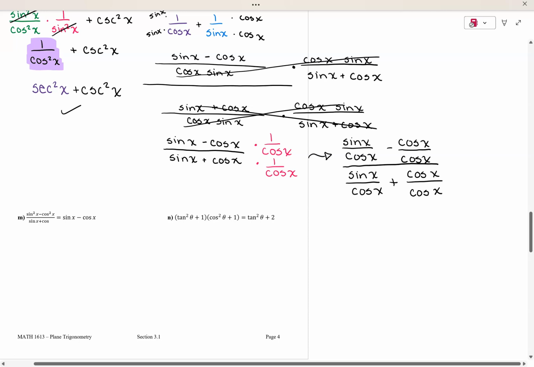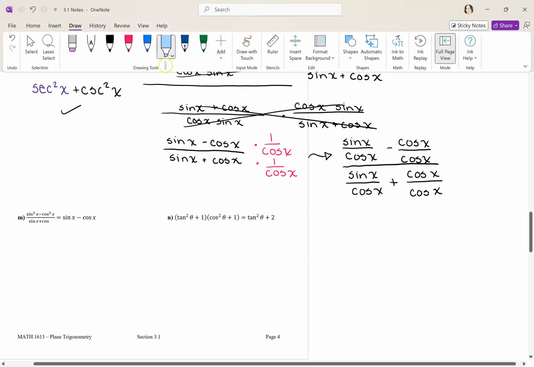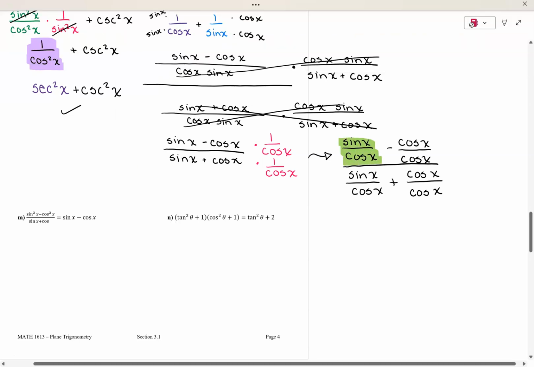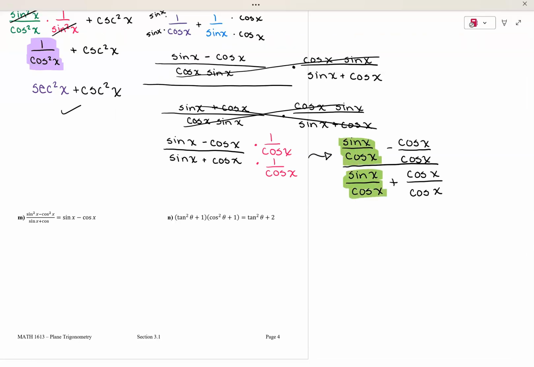So we know that sine over cosine are tangents.